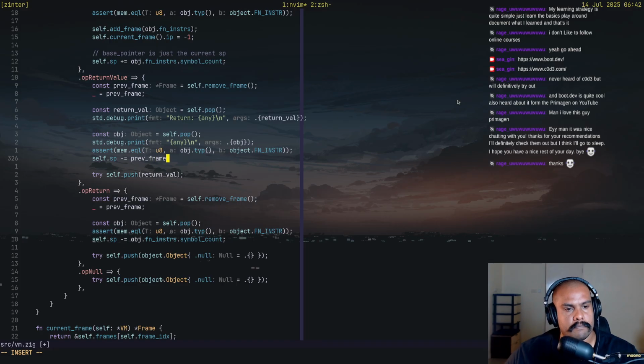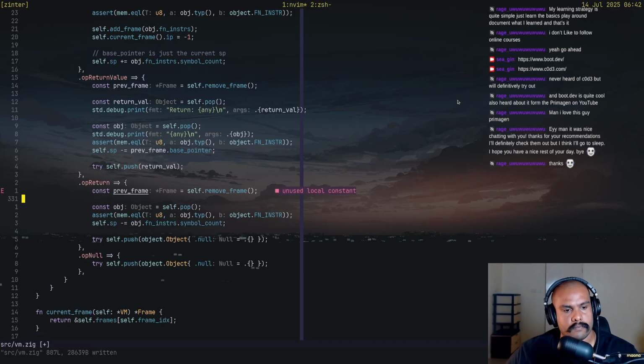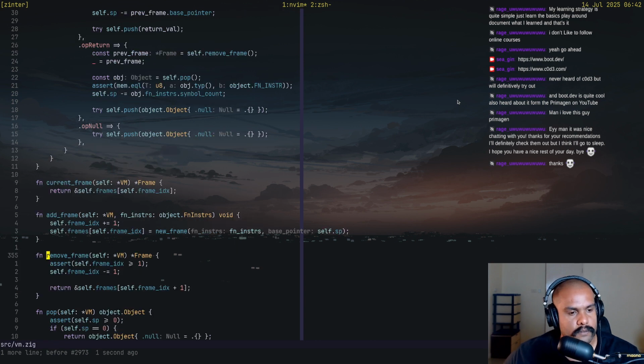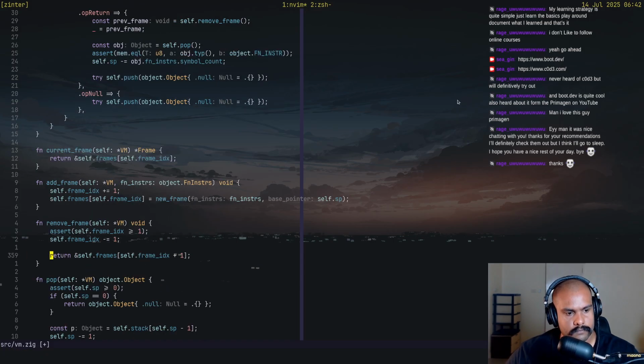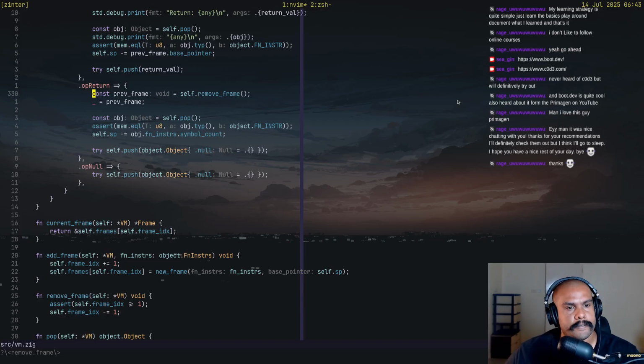Previous frame dot base pointer. I don't need to return anything. Remove frame. Yeah.